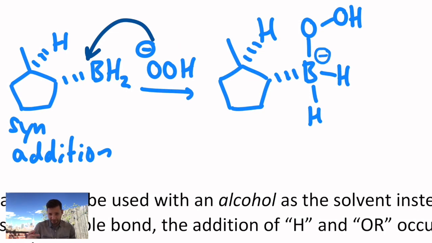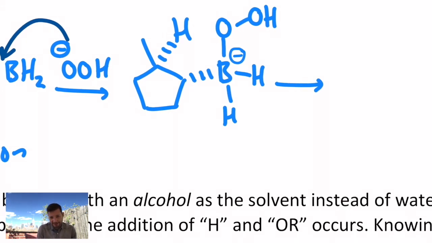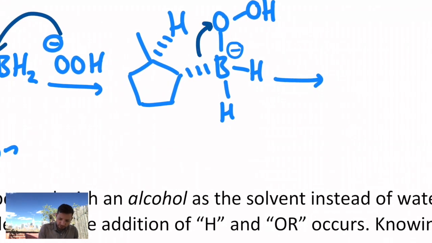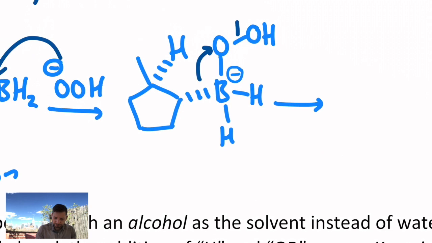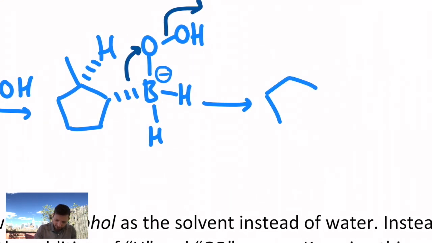So I get a borate intermediate. And then this rearranges so that the carbon-boron bond breaks and it forms a carbon-oxygen bond right there. And we can draw that with an arrow that looks like that, from the carbon-boron bond to the oxygen, and the OH leaves. Under basic conditions, you can get that to happen. This is very basic.